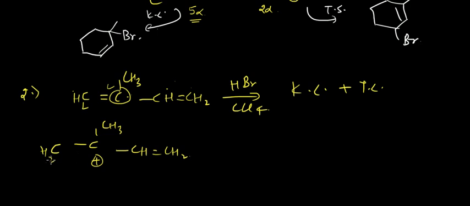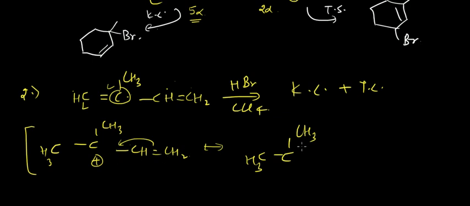Obviously it has accepted H plus, so we'll get something like CH3 here. Okay, so now this is the intermediate, and it can actually undergo rearrangement. So we can get conjugation between the positive charge and the double bond.